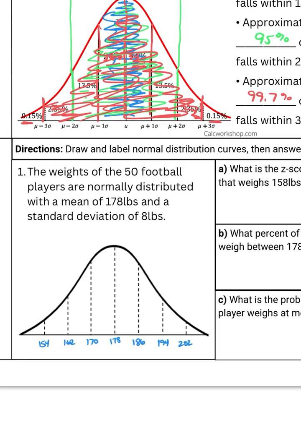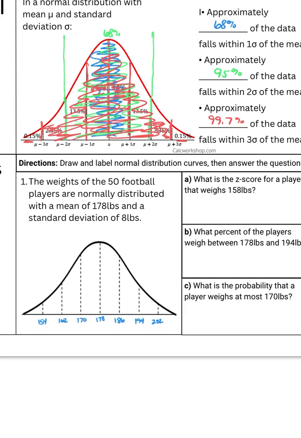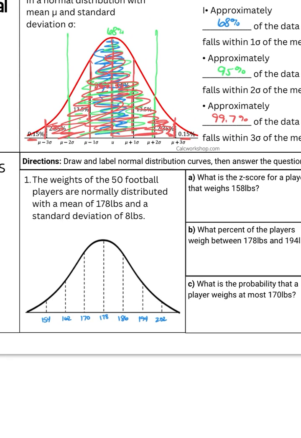Okay, so the question is, what is the Z-score for a player that weighs 158? Now you'll see I don't have a spot for 158 on here, or it's not labeled, so it's not a nice easy round number, so I need to calculate it. So I'm going to say my X is 158, my mu, the mean, is 178, and the standard deviation is 8.